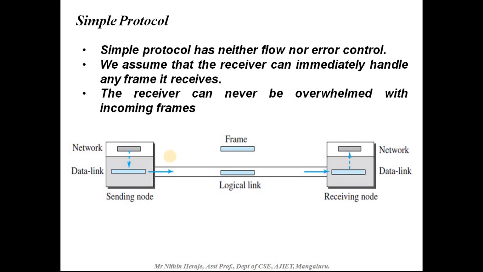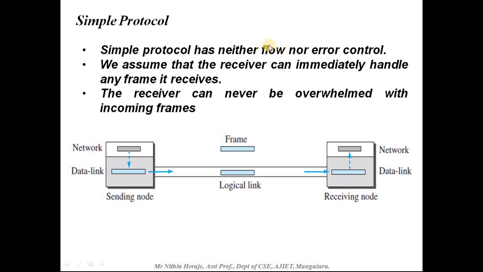We'll see what this simple protocol is. You can see here there is a sending node and a receiving node. We are going to discuss different protocols for sending data items from one node to another. In the simple protocol, there is neither flow control nor error control.